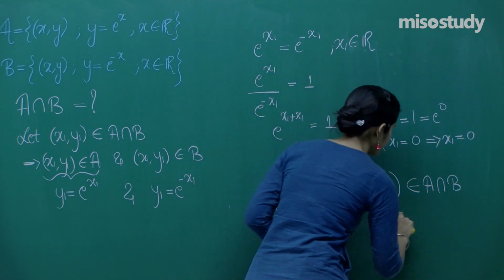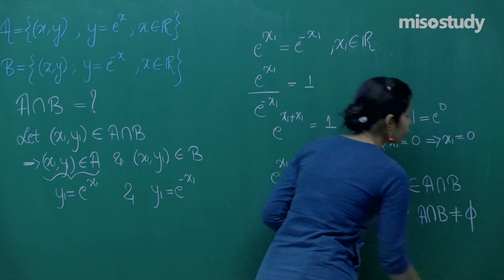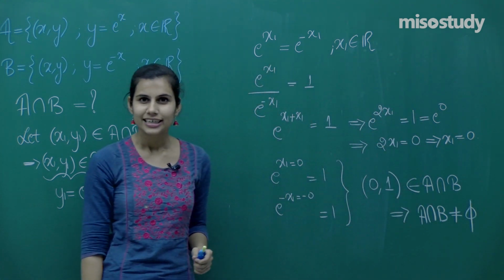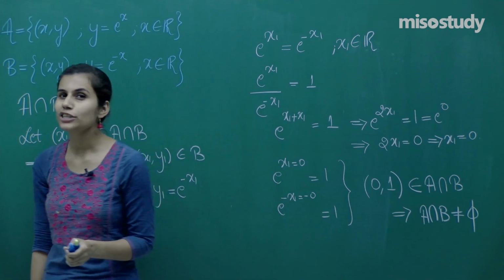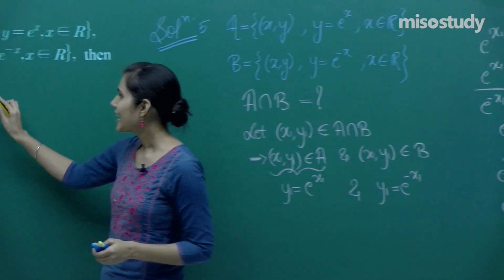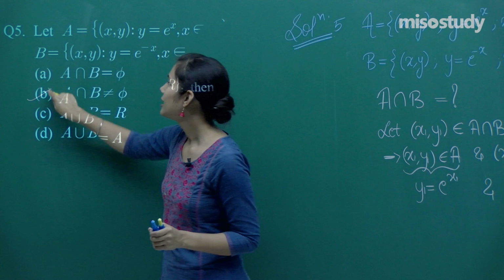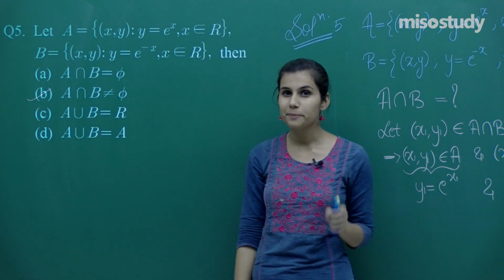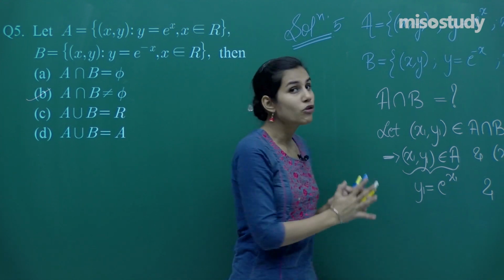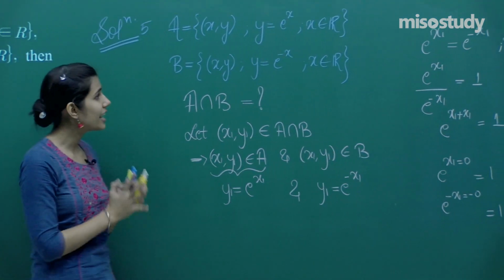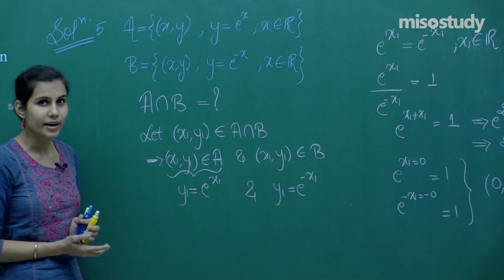Which means A intersection B is non-empty. We cannot deduce much about the union, and therefore the correct option is that A intersection B is a non-empty set because there is an element 0, 1 belonging to A intersection B. It's now your turn to note this down by understanding every property that I have used of the exponential function, and then we will move on to the next query.